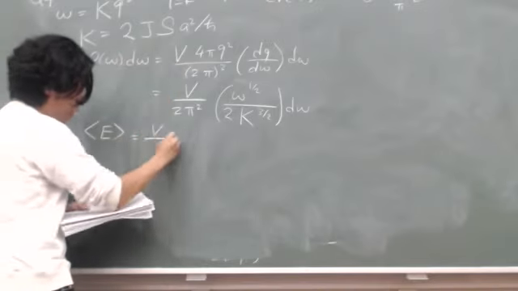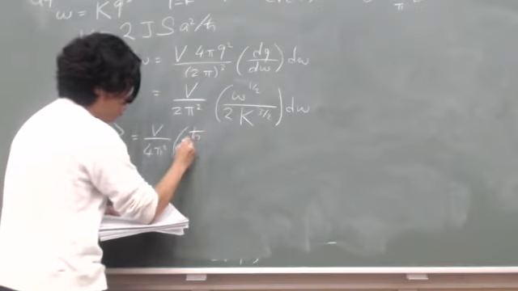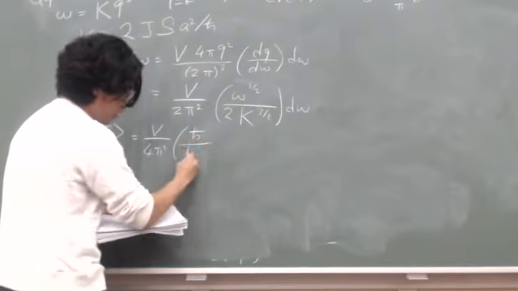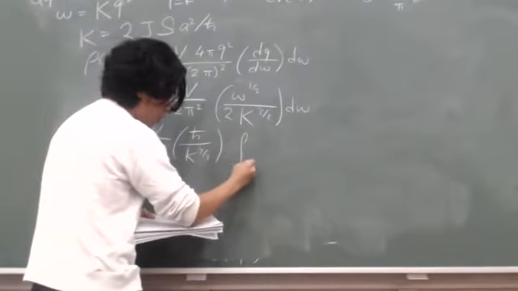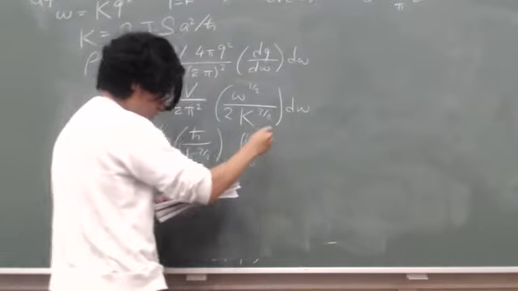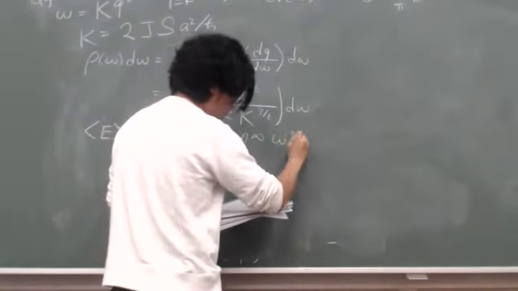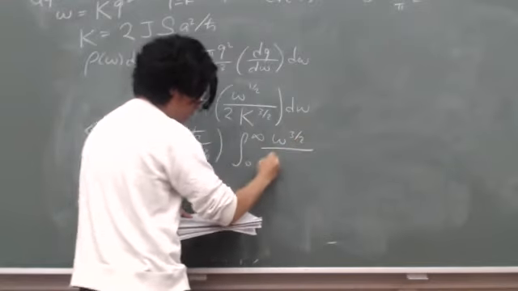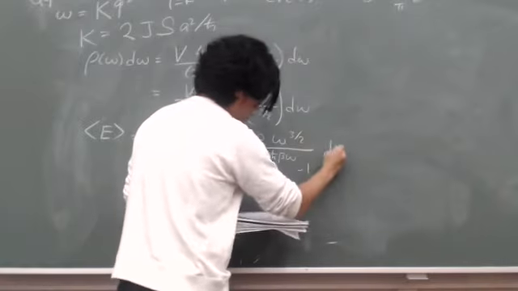So V over 4 pi squared, h bar over k to the 3/2, integral from 0 to infinity of omega to the 3/2 divided by e to the h bar beta omega minus 1, d omega.